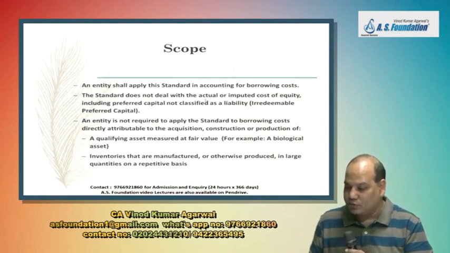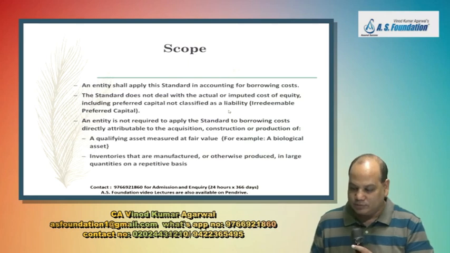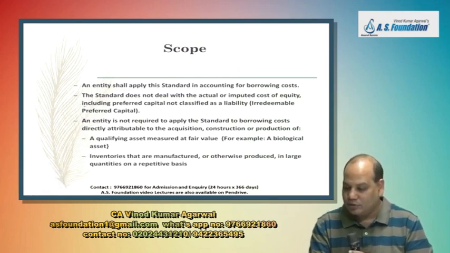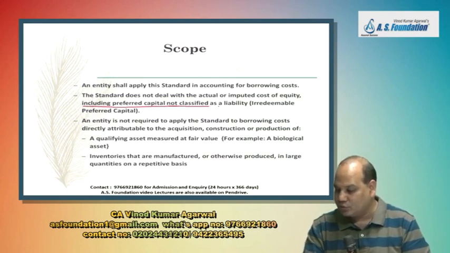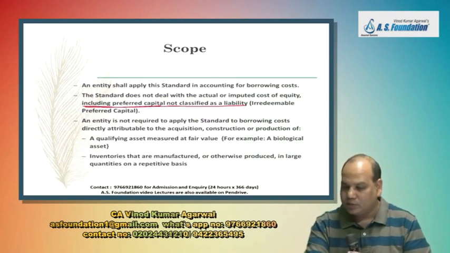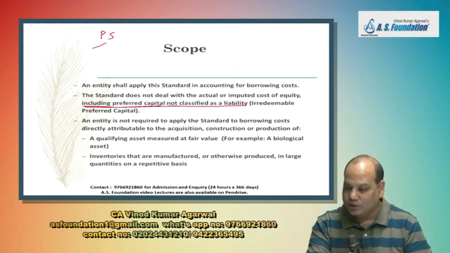So the standard says we will not deal with actual or imputed cost of equity, including that portion of preference share capital which is not classified as a liability. In IFRS 9 or Ind AS 32, you will learn that preference share can have two classification. Preference share can be a liability and preference share can be equity.